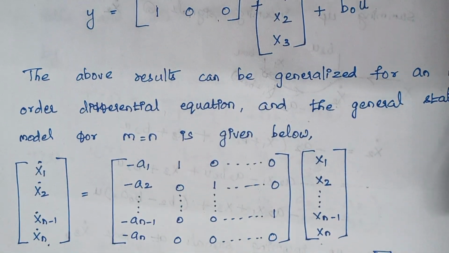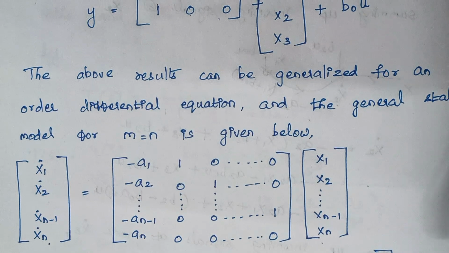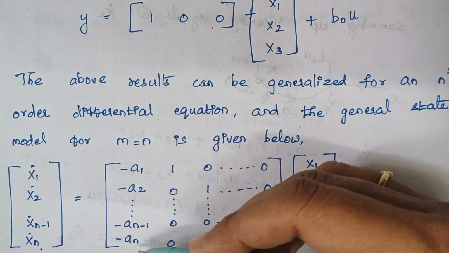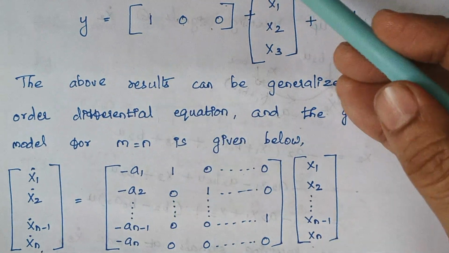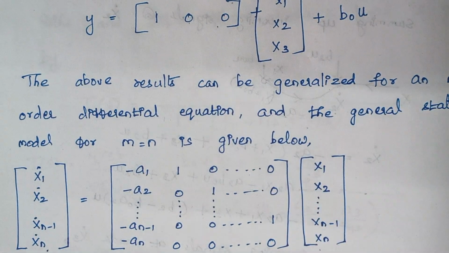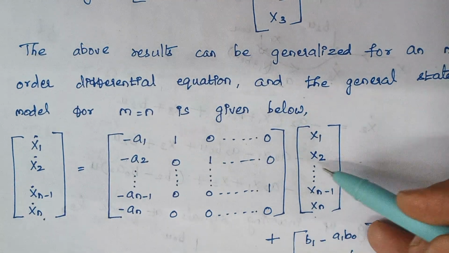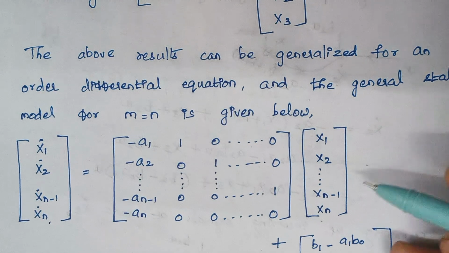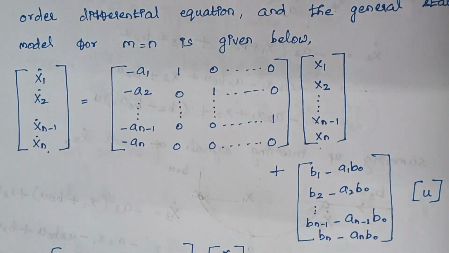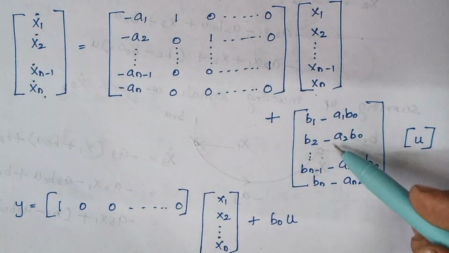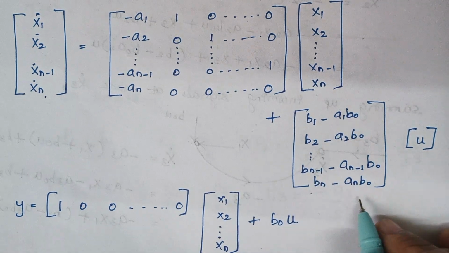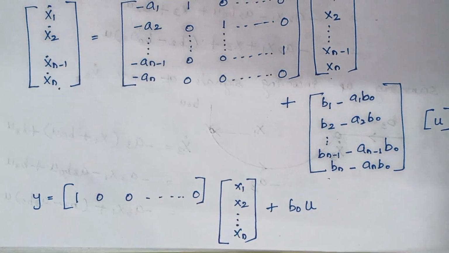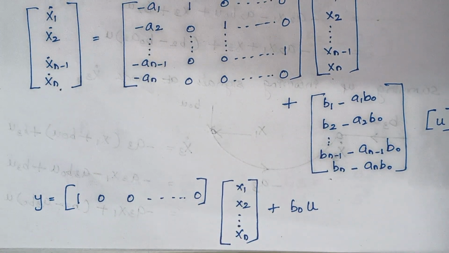And the general expression will also consist of the same, right? They are with minus signs, right? So minus a1, minus a2, minus an, and here the remaining terms remain the same, right? So similarly here x1, x2, xn, and the thing is xn minus 1 plus, again the same thing here, the final expression is in terms of n, that's it, right? Similarly the output also we will be having like this, right?